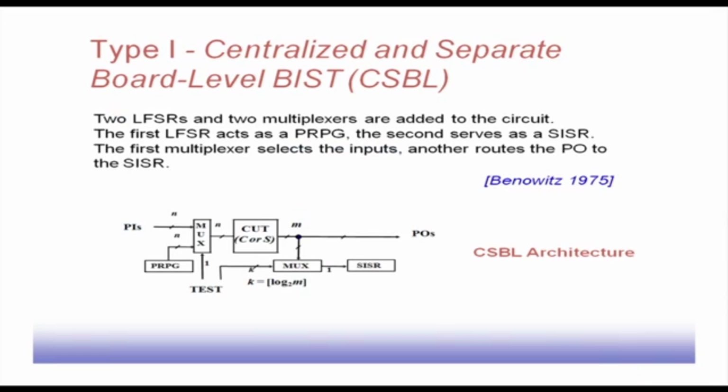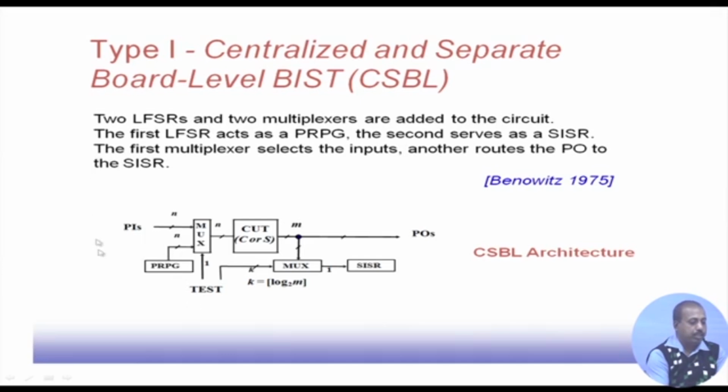The first one is the centralized and separate board level BIST, or CSBL. Here 2 LFSRs and 2 multiplexers are added to the circuit. The first LFSR acts as pseudo random pattern generator, the second LFSR acts as the single input signature register. The first multiplexer selects the input and another routes the primary output to the SISR.